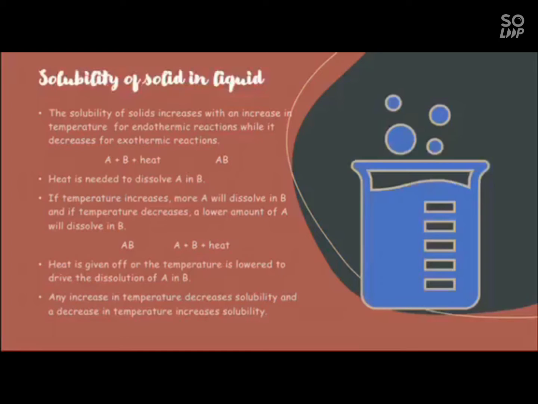Heat is needed to dissolve A and B. If temperature increases, more A will dissolve in B, and if temperature decreases, a lower amount of A will dissolve in B. AB is A plus B plus heat. Heat is given off or the temperature is lowered to drive the dissolution of A in B. Any increase in temperature decreases solubility and a decrease in temperature increases solubility.